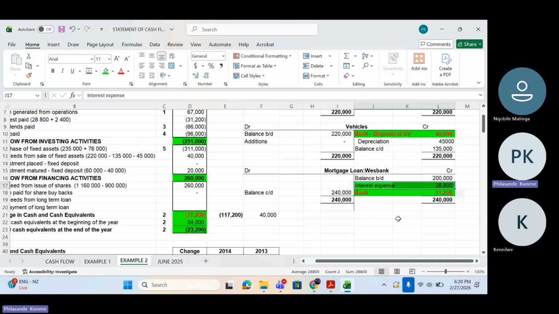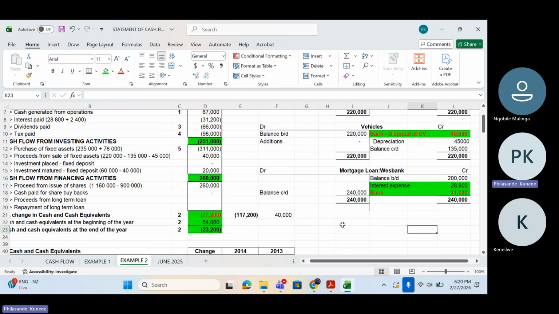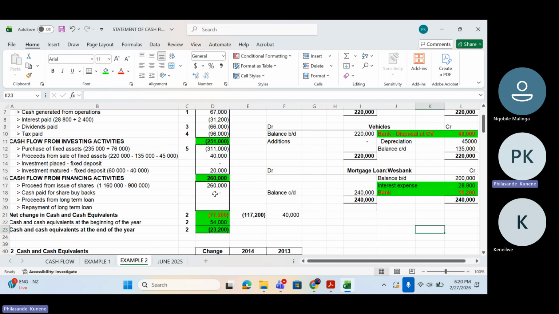Remember that if you add the interest in the bank, it becomes 40,000 rands there. Okay. But the proceeds from long-term loan is actually 11,200 rands, not 40,000 rands. Does that make sense, guys?